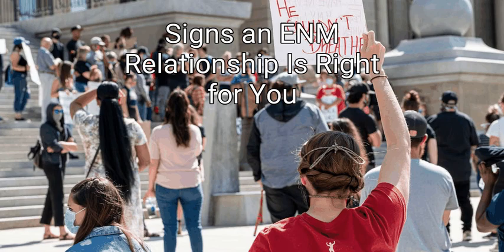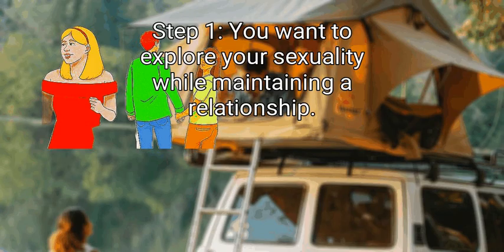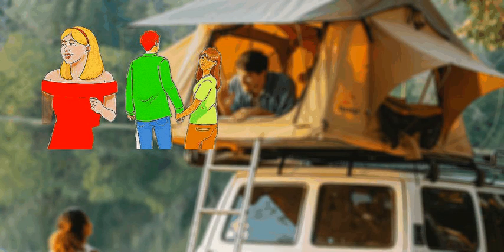Method 3. Signs an ENM relationship is right for you. First, you want to explore your sexuality while maintaining a relationship. Maybe you're happily married or dating someone, but you still want to experiment with other partners. You don't want to break up, but having only one sexual partner feels too limiting.